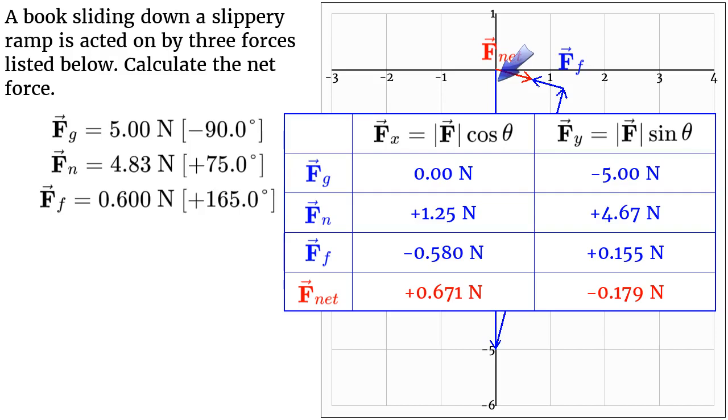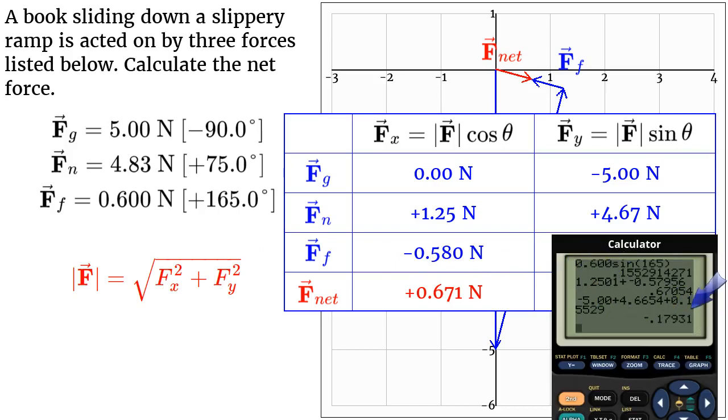Now that we've completed the calculation in Cartesian form, if we want to write the net force in polar form, just like we learned last lesson, we're going to use the Pythagoras formula. We can take our x component and our y component, plug those numbers into the Pythagoras formula, and that will tell us what the magnitude of the force is.